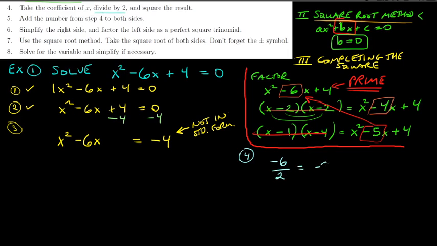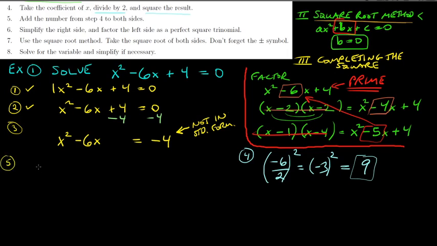Negative 6 divided by 2 is negative 3. And then you square the results, right? So after you divide by 2, you square it. And when you square negative 3, negative 3 times negative 3 is positive 9, right? It's a negative times a negative. So after you square that number, you should always get a positive number here, right? In this case, positive 9. Make sense? Okay, so that's my step 4.